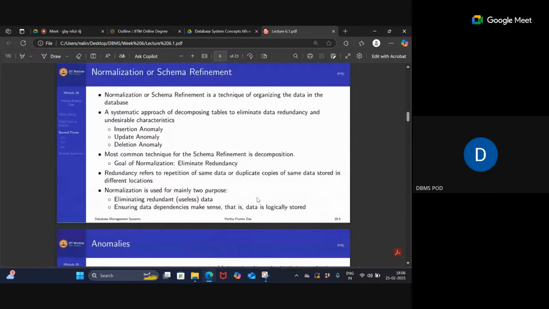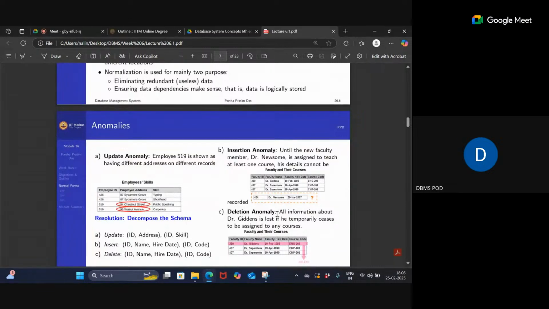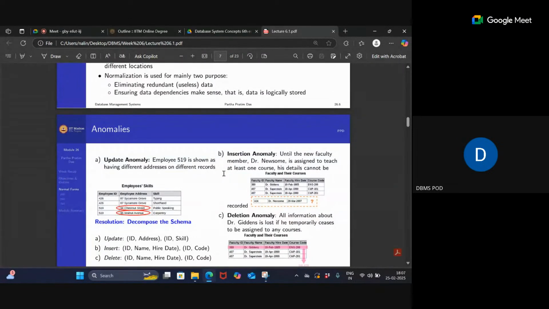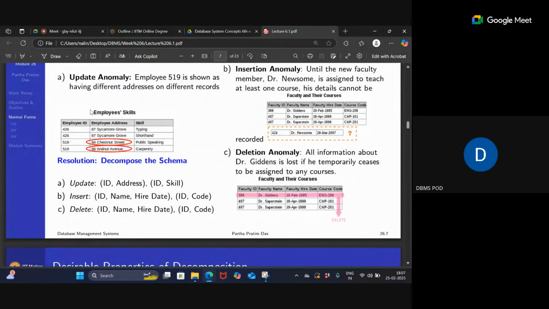So these are the anomalies: update anomaly, insertion anomaly, delete anomaly. What does an anomaly mean? Let us consider this employee table. It has employee ID, employee address and skill.